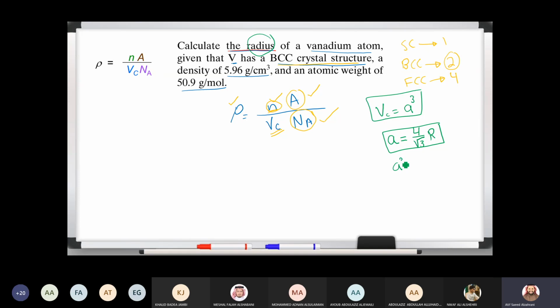So a cubed equals 64 over 3 square root of 3 R cubed, which is the same as VC. So now we plug it here. So we say that the rho, let's change the color.